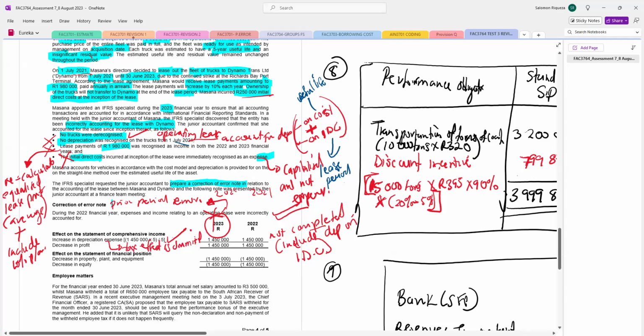Okay. Then when you go to statement of financial position, there's going to be decrease in PPE because of the, what is it called? Depreciation. That is correct. Decrease in equity, it will be the same value. And again here, the effect of deferred tax. Deferred tax effect is missing. It's omitted.